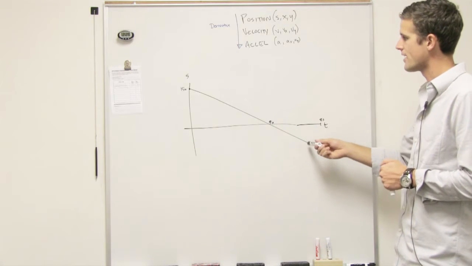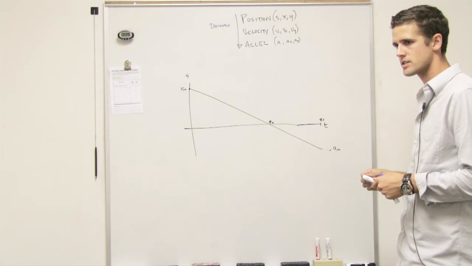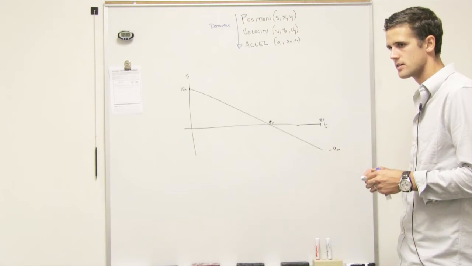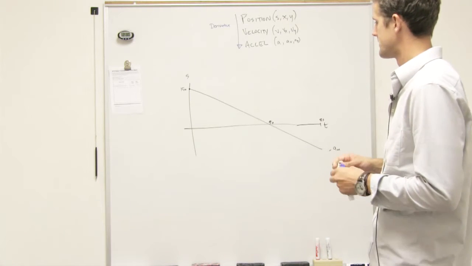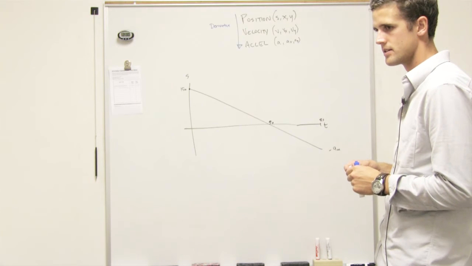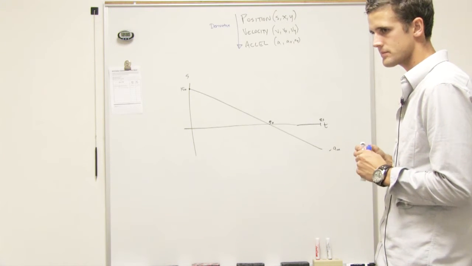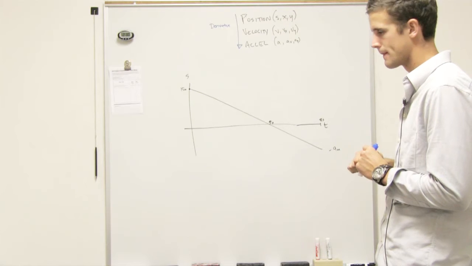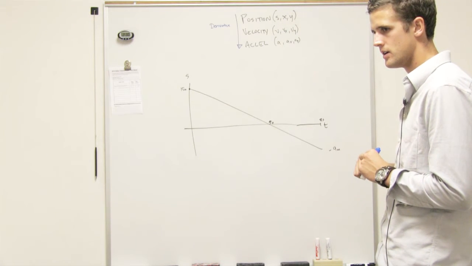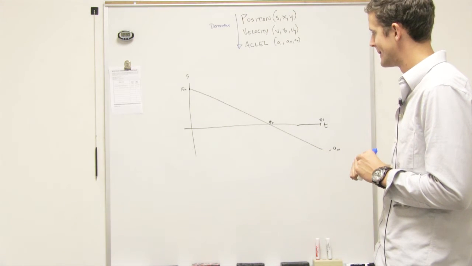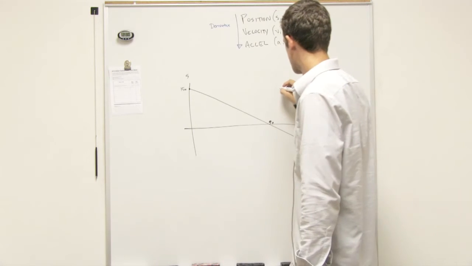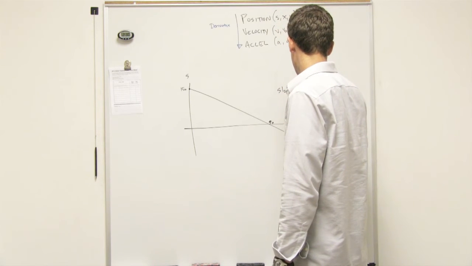What if you're given this graph and it tells you to graph velocity? You need to find your slope. Okay? So what's the slope in this case? Negative 24 over 8, so negative 3. Okay? So your slope is negative 3.